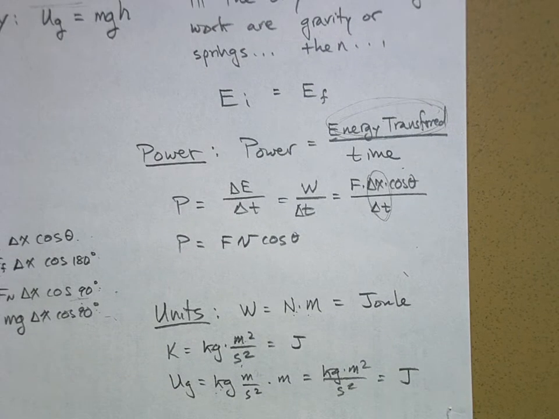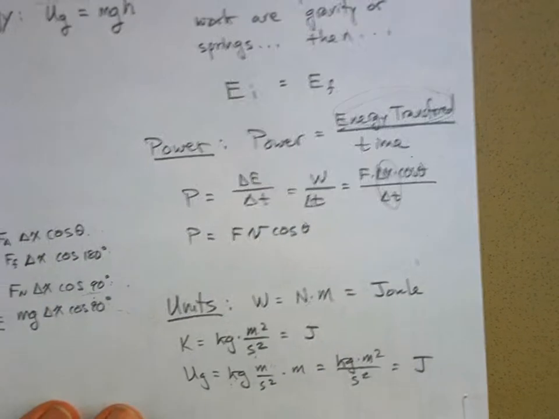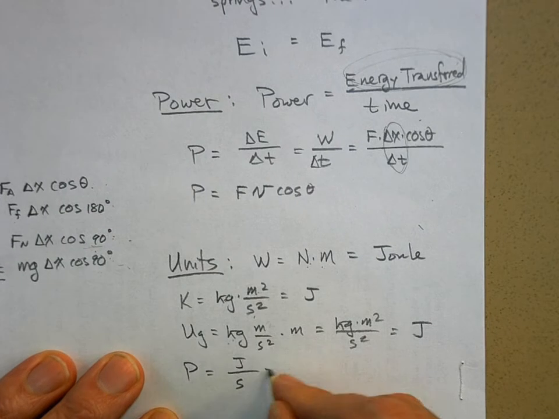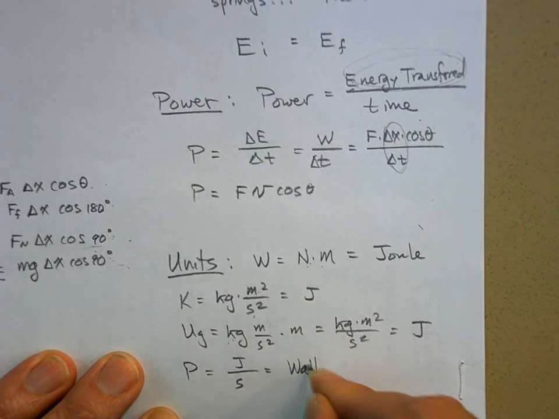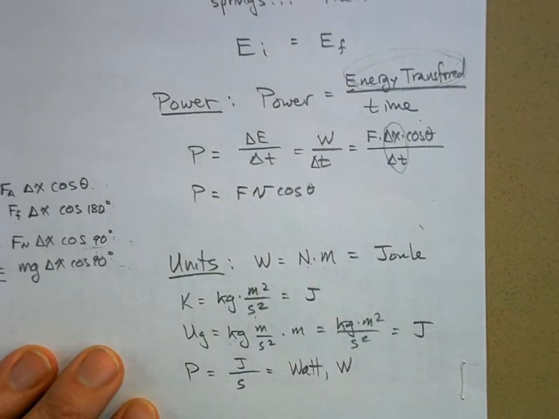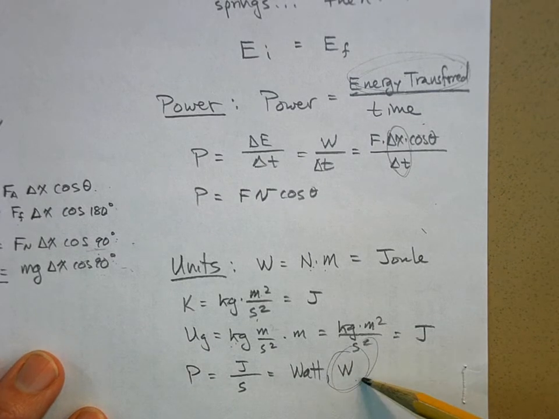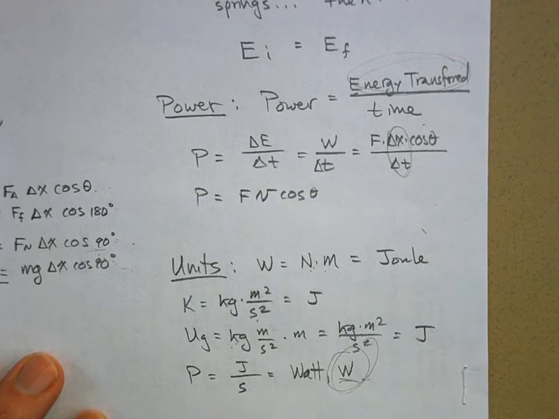So everything comes down to joules. Now, for power, you have a joule per second, and we call that a watt, and abbreviate it with a W. This is a little bit confusing because W is also used to represent work, but in this context, it's a unit, not a variable.